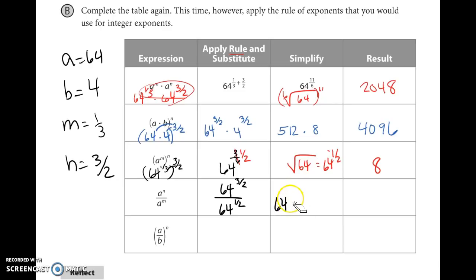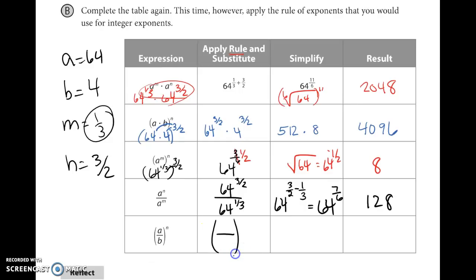I just caught myself making a mistake right here. So on bottom, I'm plugging in M, and M is 1/3. So I would have 64 to the power of 3/2 minus 1/3, which is 64, and you have to get common denominators. And when I do that, I would get 7/6. So the 6th root of 64 is 2, and 2 to the 7th is 128.